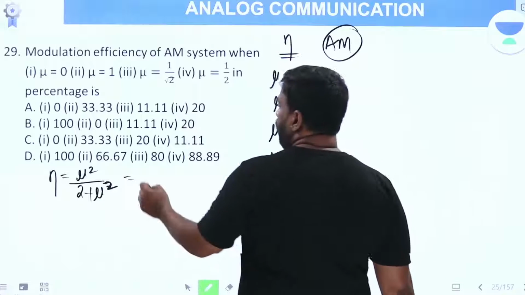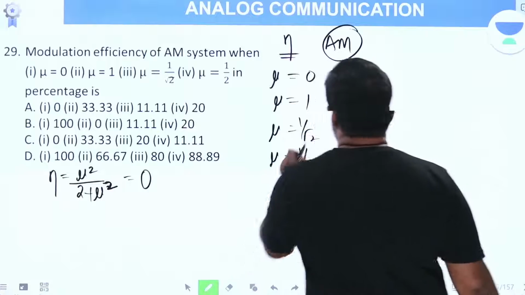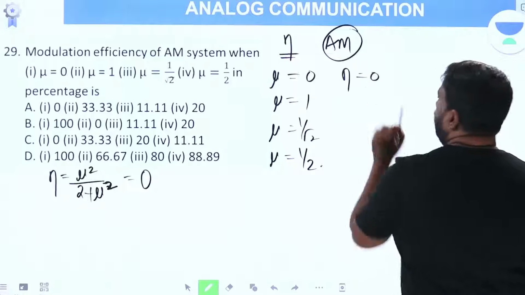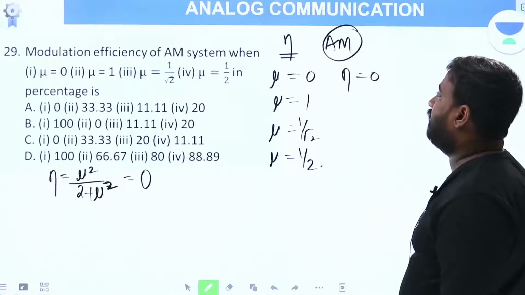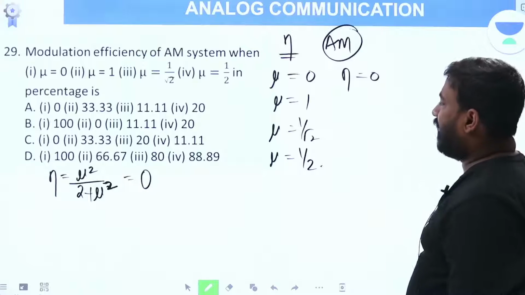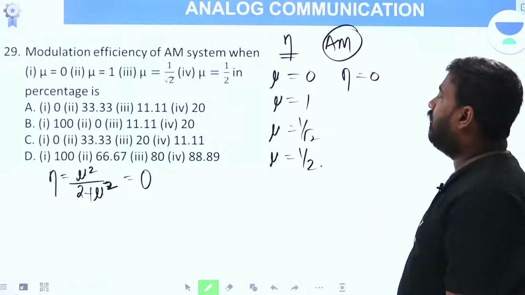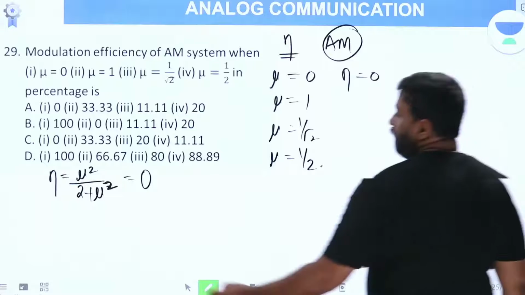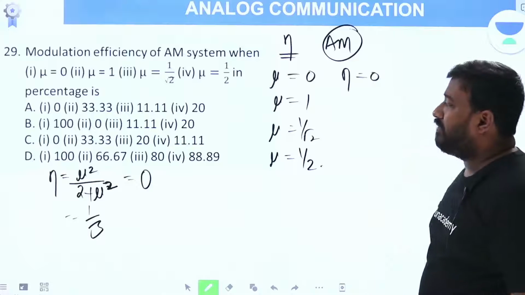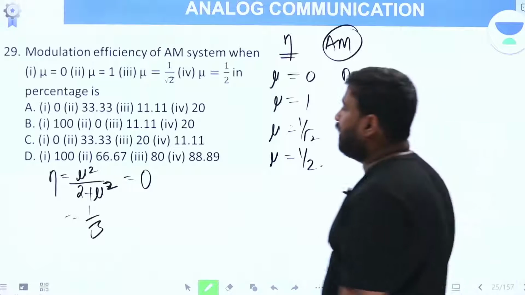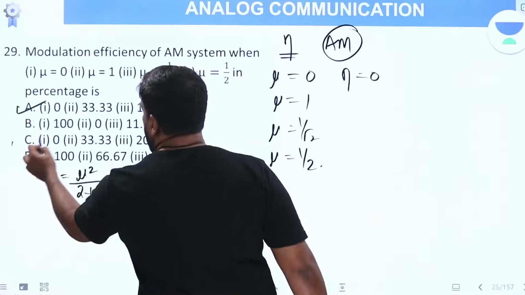Mu is 0, eta is 0. Next, I want percentage, so multiply by 100. Mu is 1: 1 by 3 into 100, 33.33%. So 0 and 33.33%, either A or C.